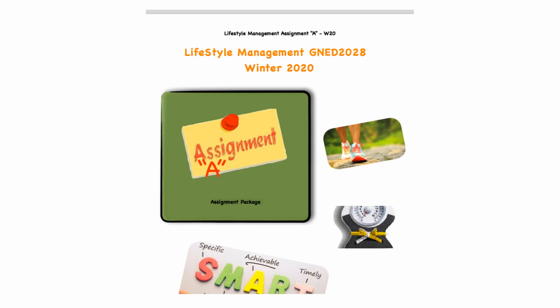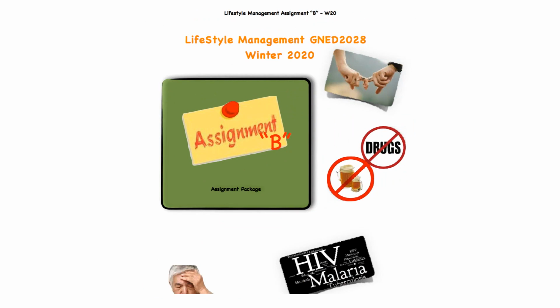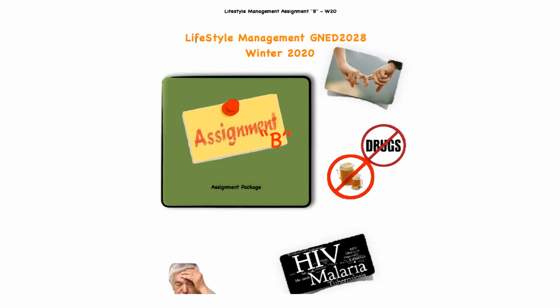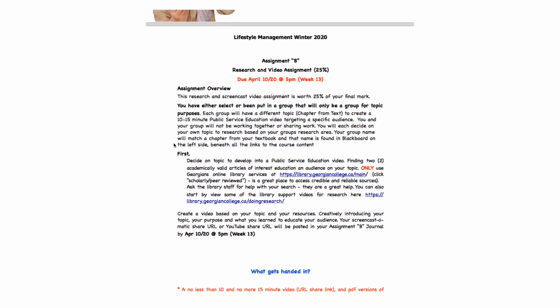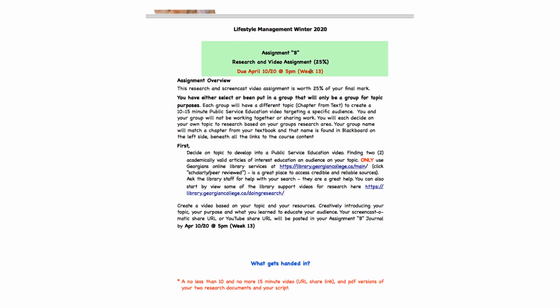Now if we look at assignment B, it is a slightly different assignment. Here, you're going to be doing basically a PSA. It's due on the same day, April 10th, 5 p.m., week 13, worth the same amount. You're just doing something different. You're going to do a public service announcement video, and in that, you're going to do some research on one of the topics.